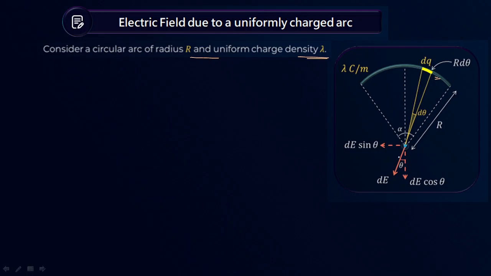Here again the angle is changing, so we consider one element at an angle theta from the angle bisector, and the element subtends an angle d theta at the center.